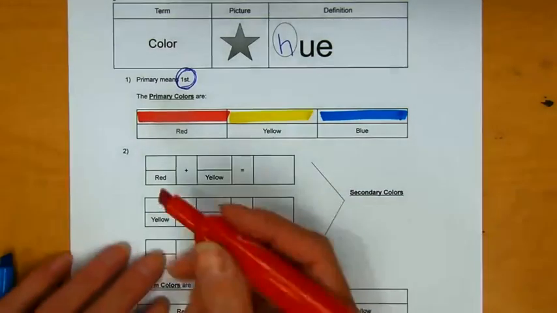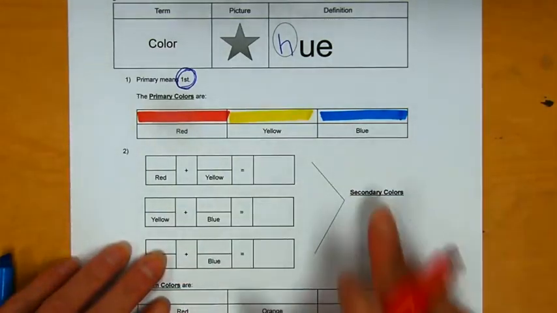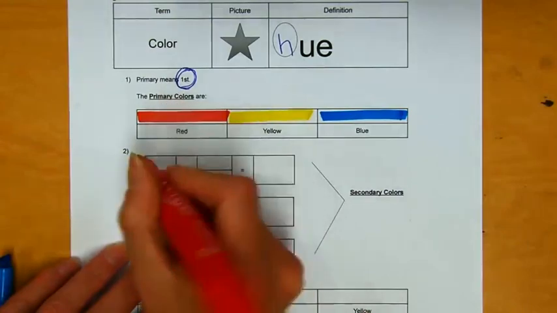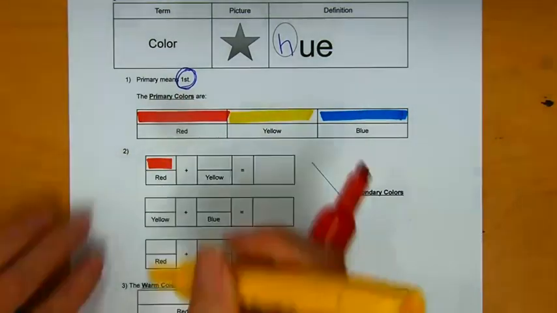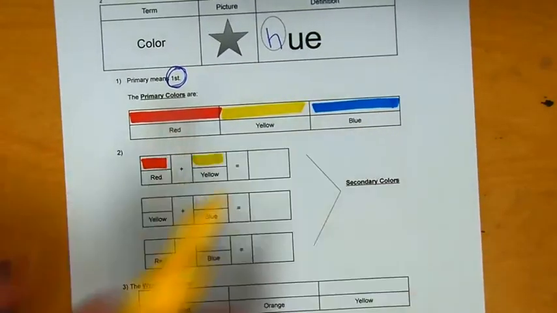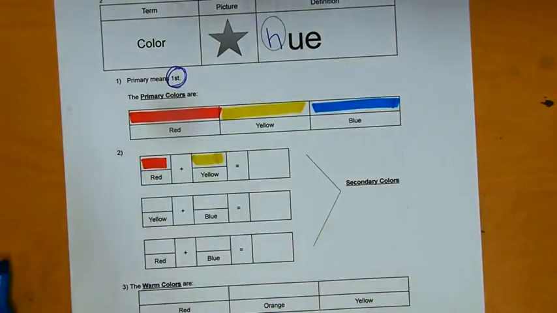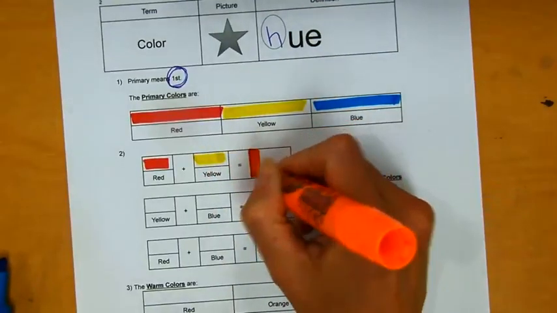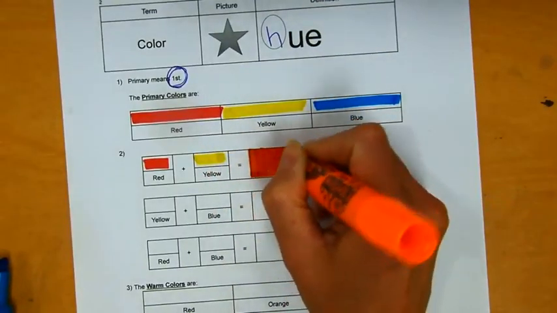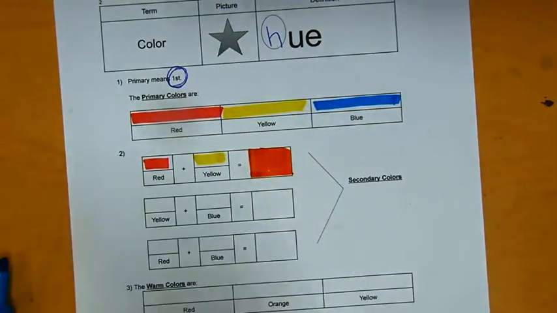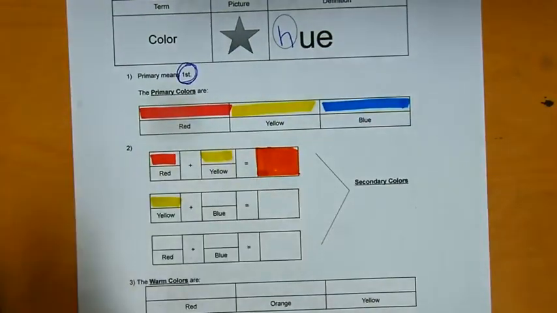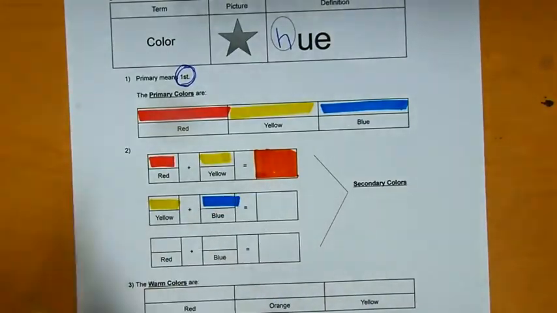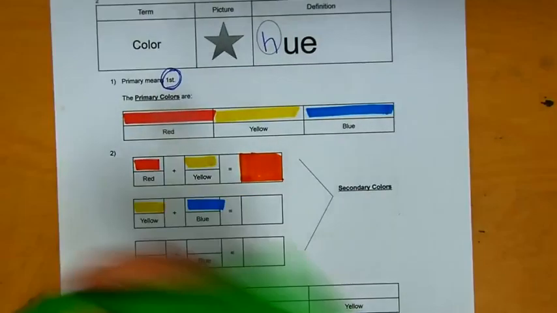Down here, number 2, we're going to talk about our secondary colors. So red and yellow. If I mixed a squirt of red paint and a squirt of yellow paint, I would get orange paint. And if I mixed yellow and blue on the next one, I would get green.